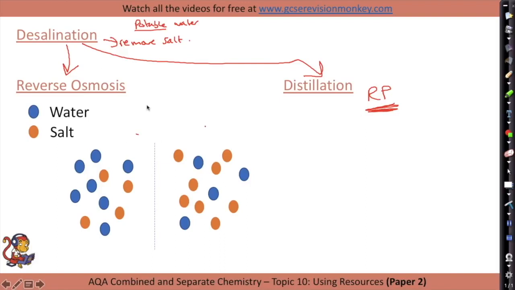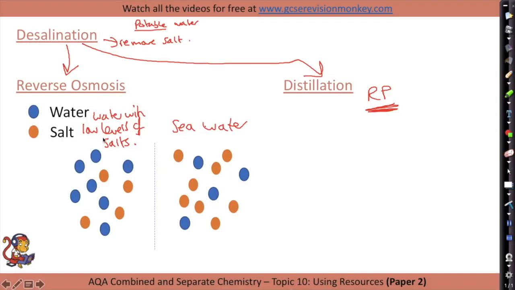So if, for example, in this diagram we have seawater on the right and we have water with low levels of dissolved salts on the left, we would want to extract the water from the seawater if we lived in a country where we couldn't have enough surface water.